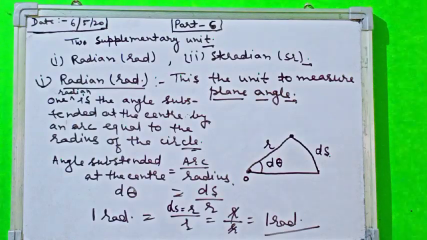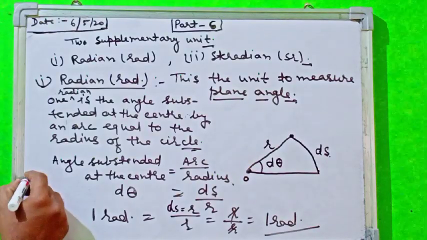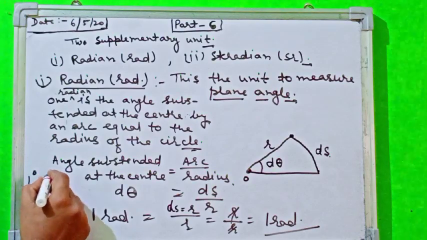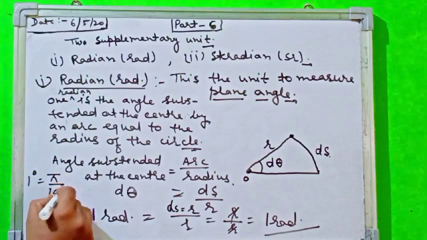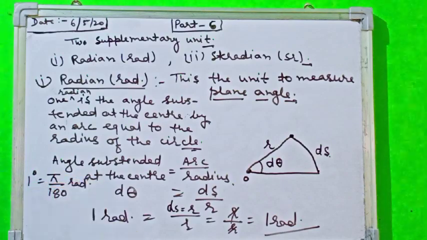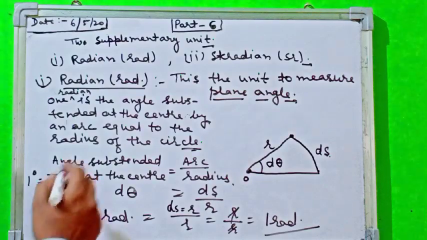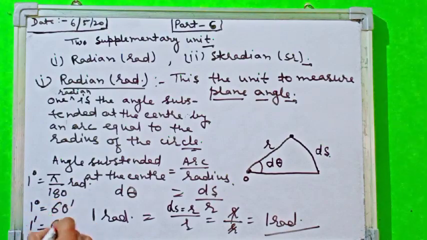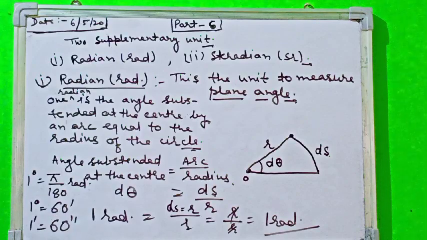But for your convenience, here I am elaborating: 1 degree is equal to pi upon 180 radian, and 1 degree has 60 minutes and 1 minute has 60 seconds. So you require these things for conversion of degree into radian, radian into degree, and after that how 1 degree is converted into minutes and how 1 minute is converted into seconds.